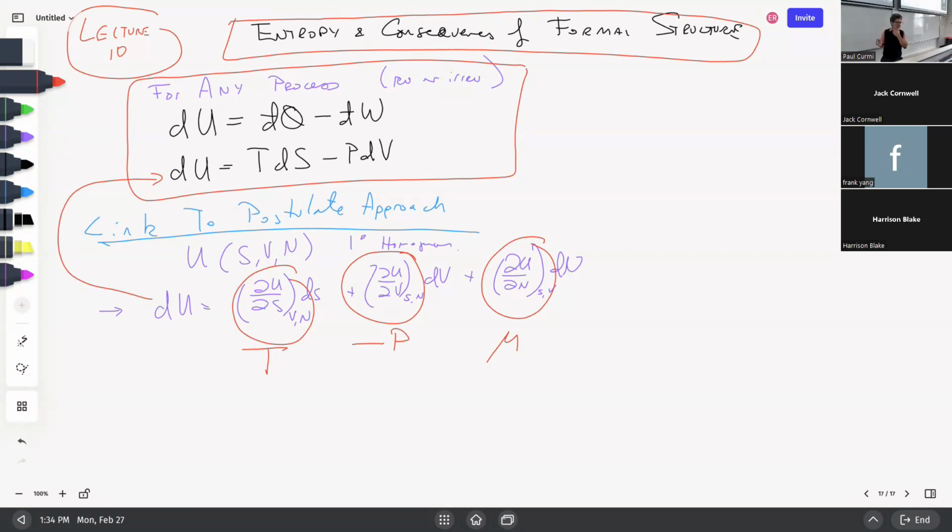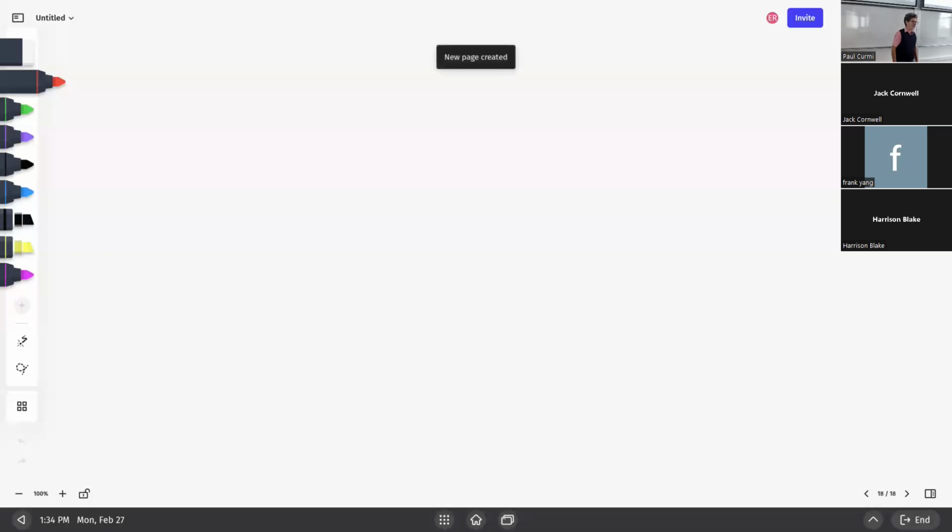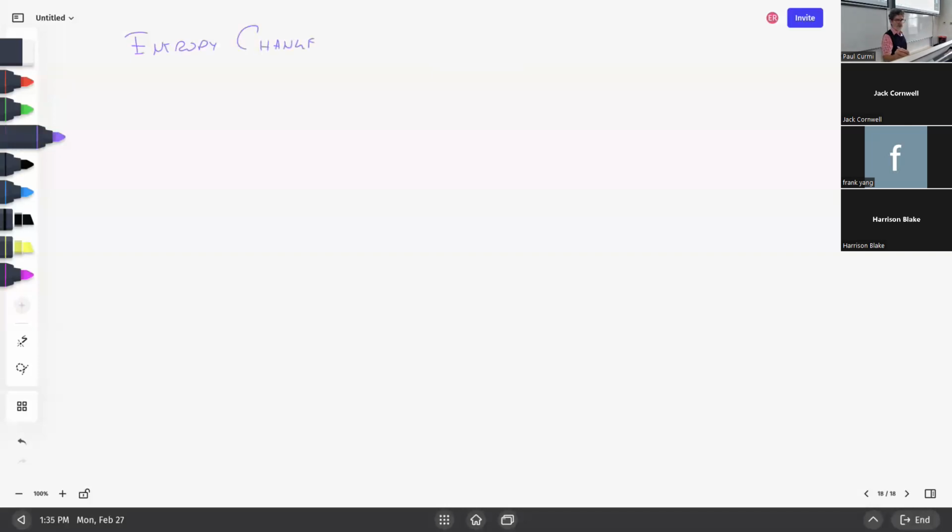I need to calculate entropy changes for reversible processes.